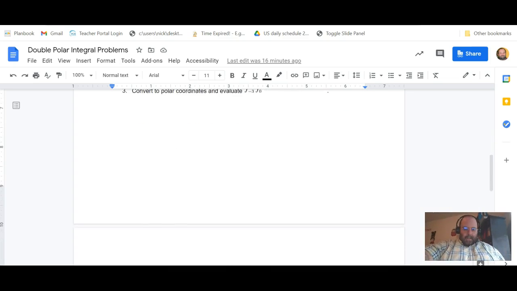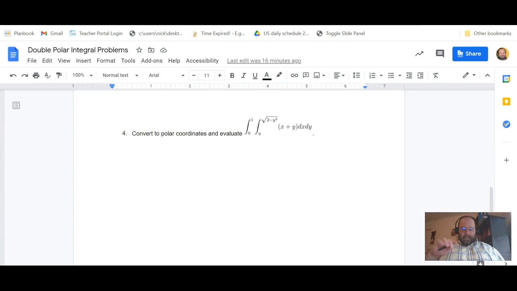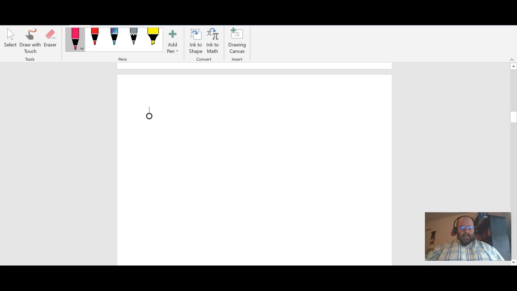All right, so that problem said take this and then find the polar version of it and then solve, right? So let's take a look at that guy. The integral in that problem is the integral from 0 to 1 of the integral from y to root 2 minus y squared of x plus y dx dy.